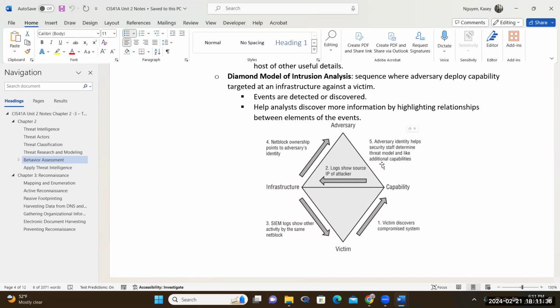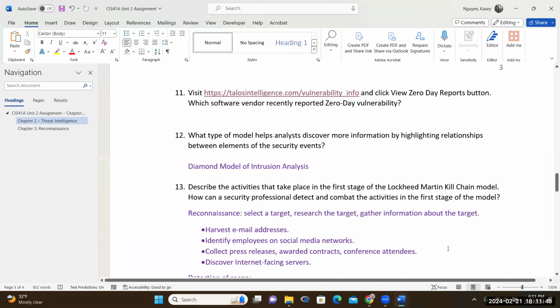You have to really interpret some information and be able to derive solutions. So the answer for number 12, what type of model helps analysts discover more information and highlight relationships between elements and events? That's going to be your diamond model of intrusion analysis. You can search for that and read the practice behind it.